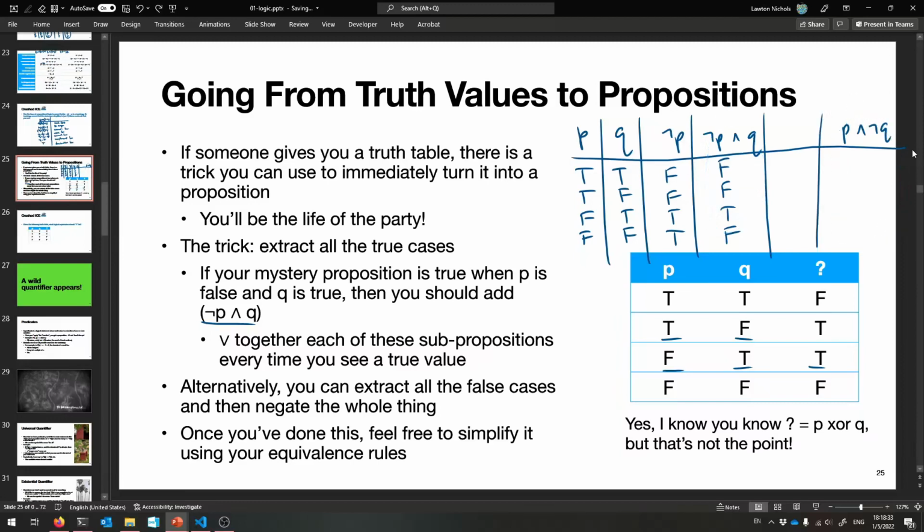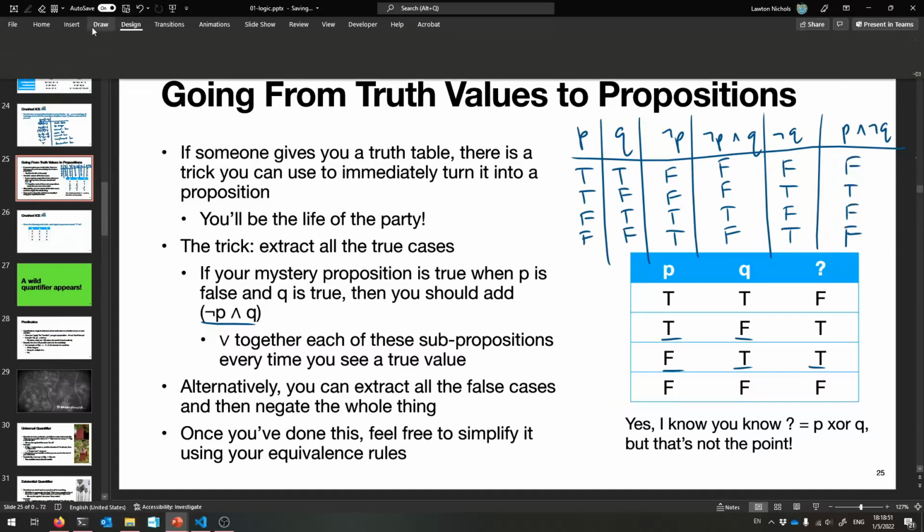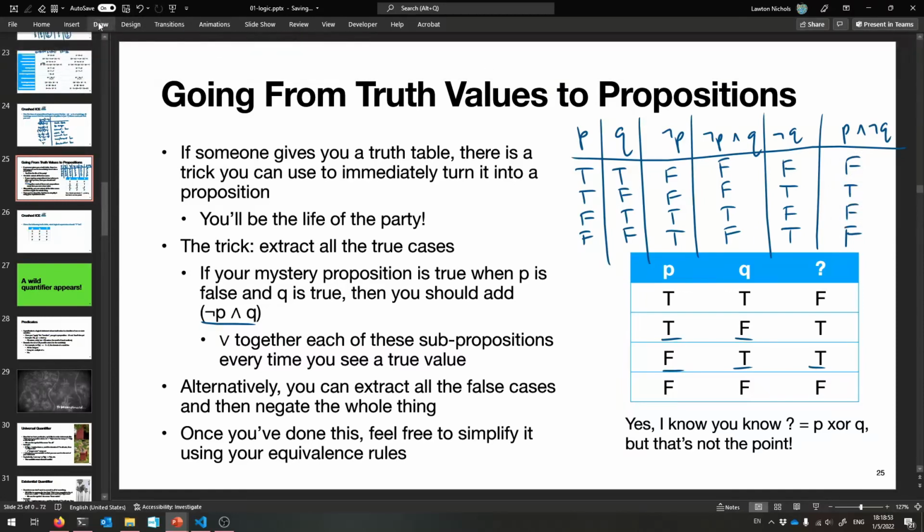So let's build that one. That needs a not Q, which is false, true, false, true. And watch this. P and not Q: true and false, false, true, false, false. You see how it's false everywhere except that one place that we extracted where it was true. So we want to pick these out.